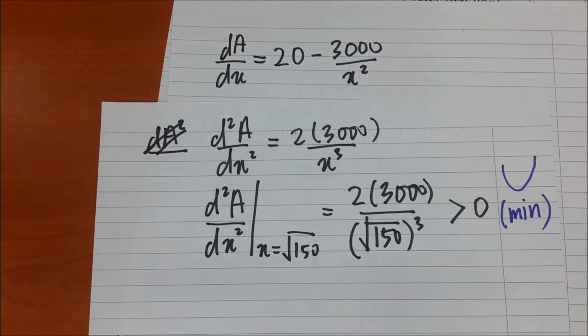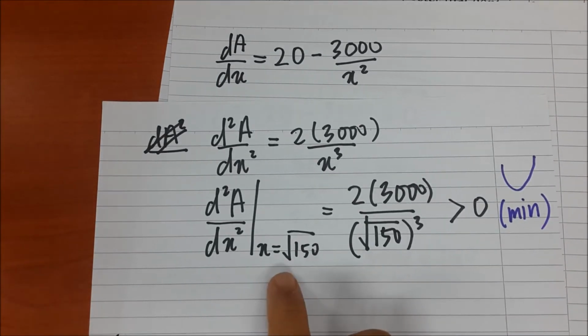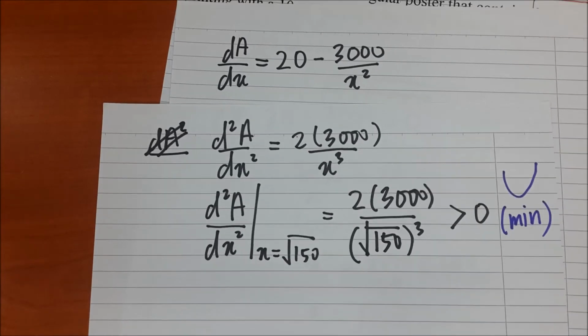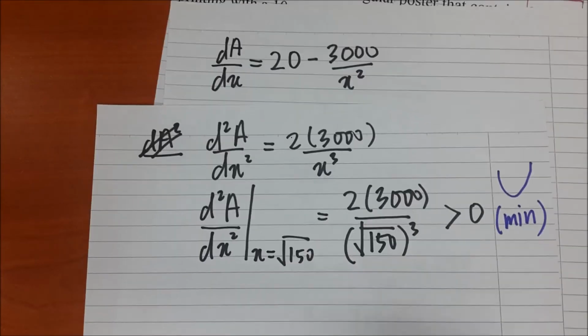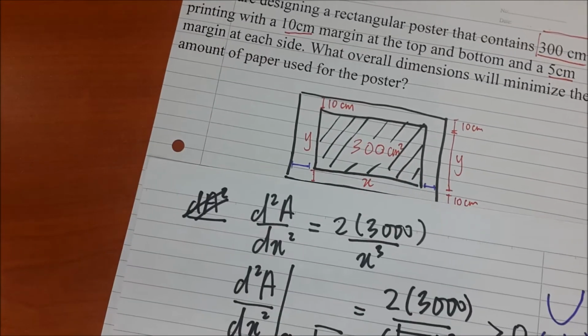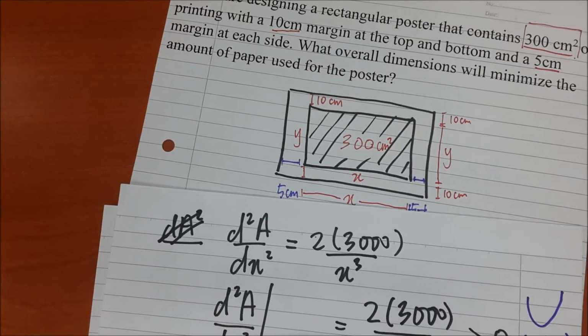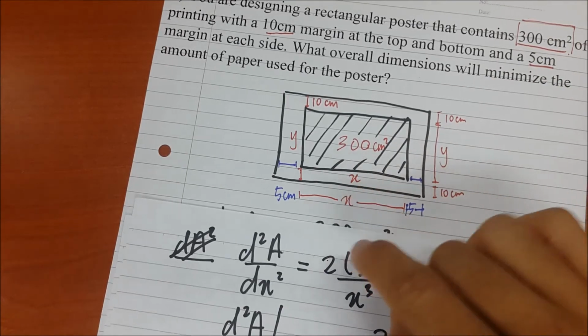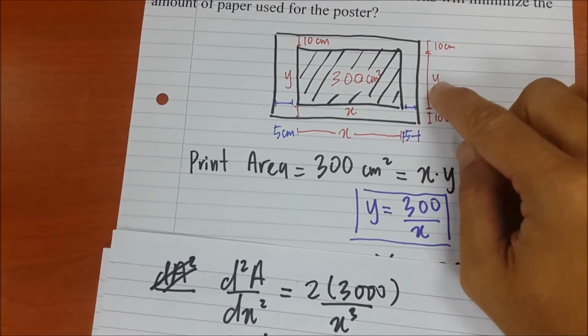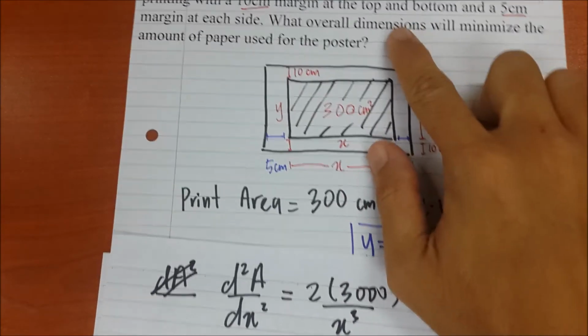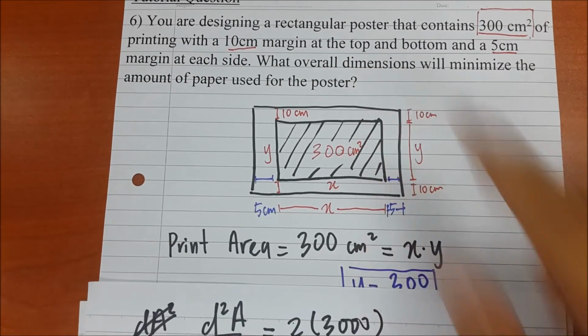Since we confirmed that at x equals positive square root of 150 we get a minimum value of A, we can substitute x equals square root 150 inside here to get the dimensions of the paper.